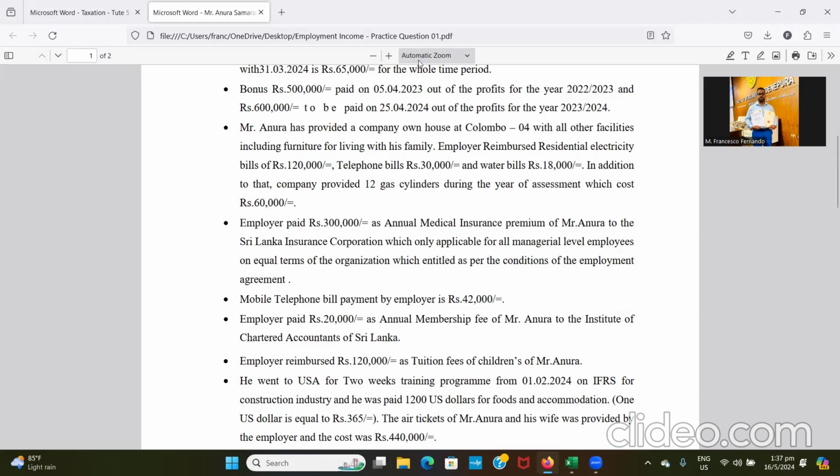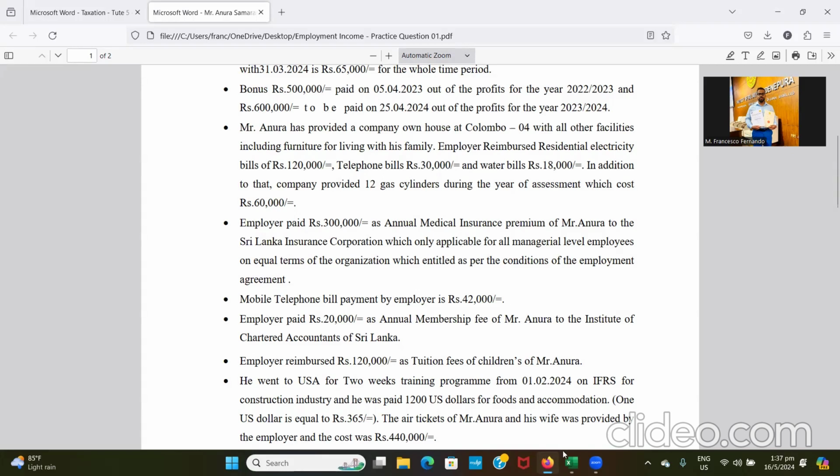Telephone bill only 50%. Water bills 100%. And gas and gas cylinders are both the same, 100%. So again, I'm repeating: electricity 100%, telephone bill 50%, water bill 100%, and gas 100%.